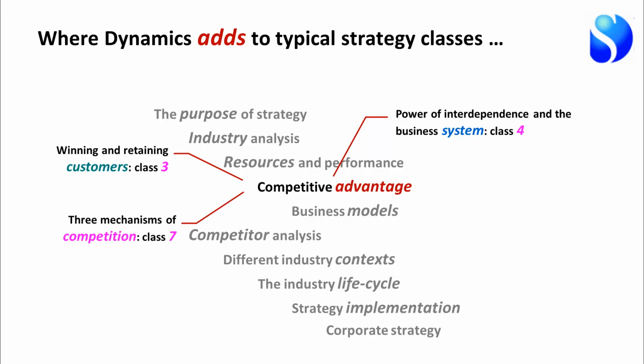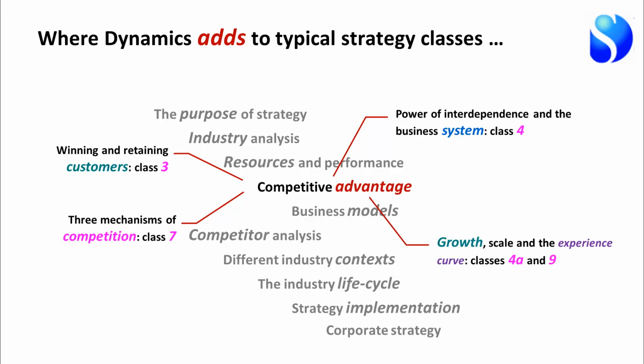When we get on to class 7, we lay out very clearly 3 standard universal mechanisms by which competition between rivals actually works. The winning of potential customers in the first place, the fight to retain and capture customers from other competitors in more mature situations, and battling for share of business where customers are not loyal to any particular supplier.